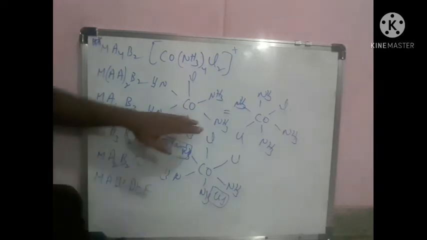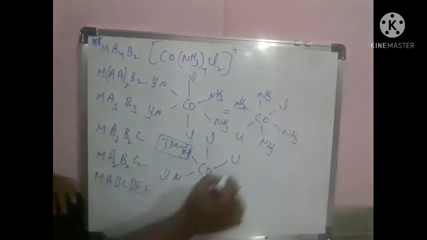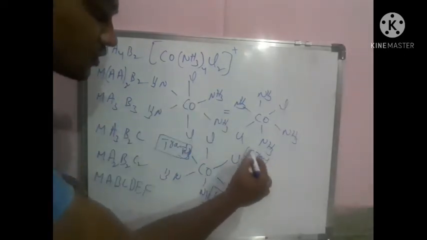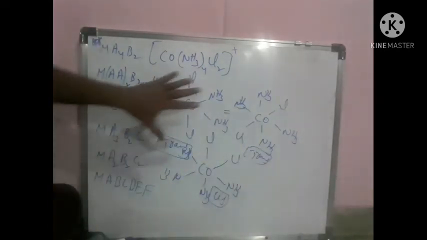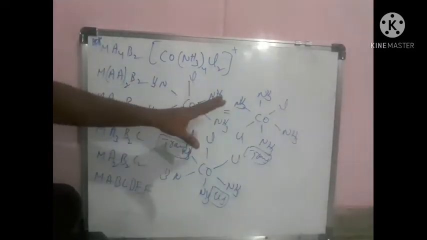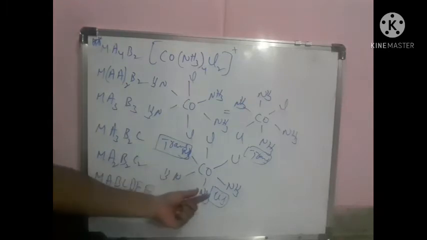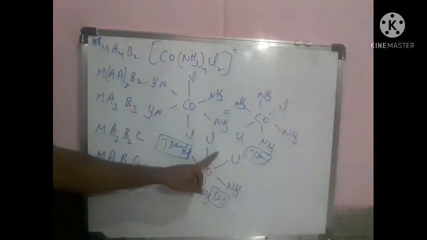So the above structure we are calling trans. These two trans structures are similar; if you assume them in three dimensions, they are the same. And in the cis form, the chlorine is present on the same side.